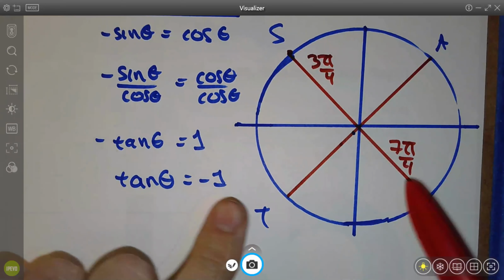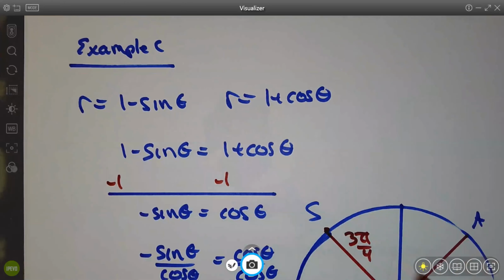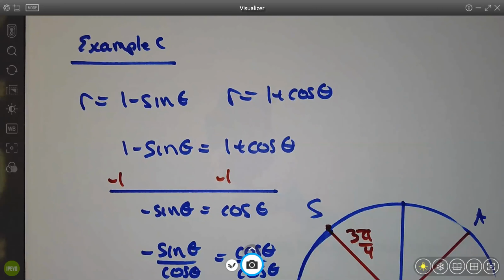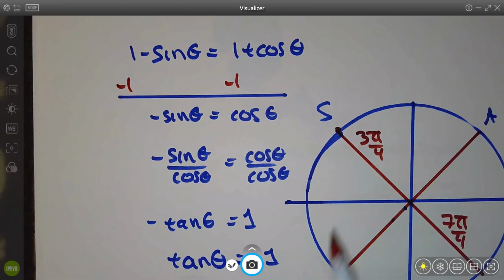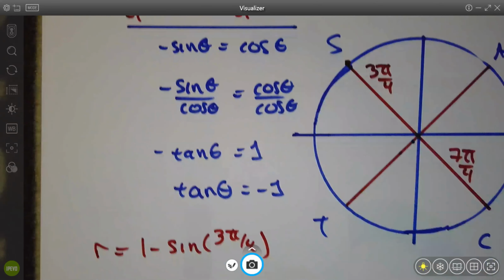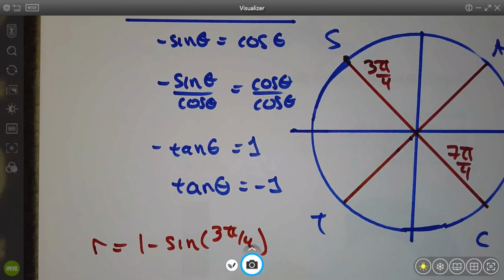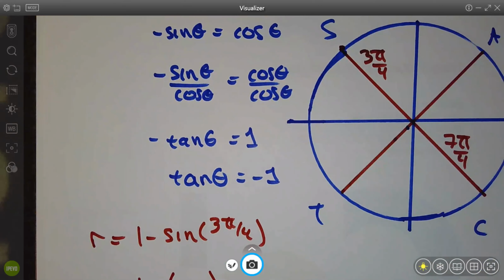Now, if you take these two points and plug them in here, you'll find the points of intersection. So let's just do one of them. So at theta is 3 pi over 4, it's going to be r equals 1 minus sine of 3 pi over 4, which is going to mean 1 minus, sine of 3 pi over 4 is going to be square root of 2 over 2.